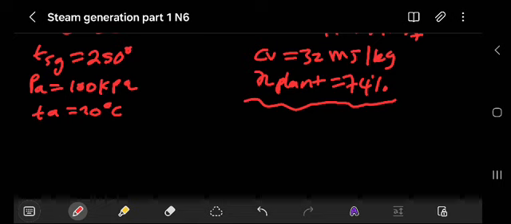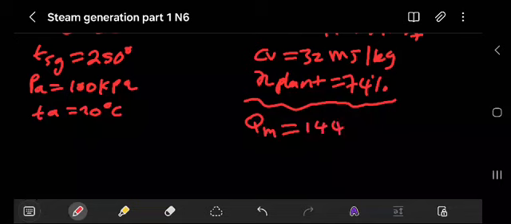This must be of the moisture, you can say M. This is the moisture, so 144.5 kilojoules per kg of fuel.